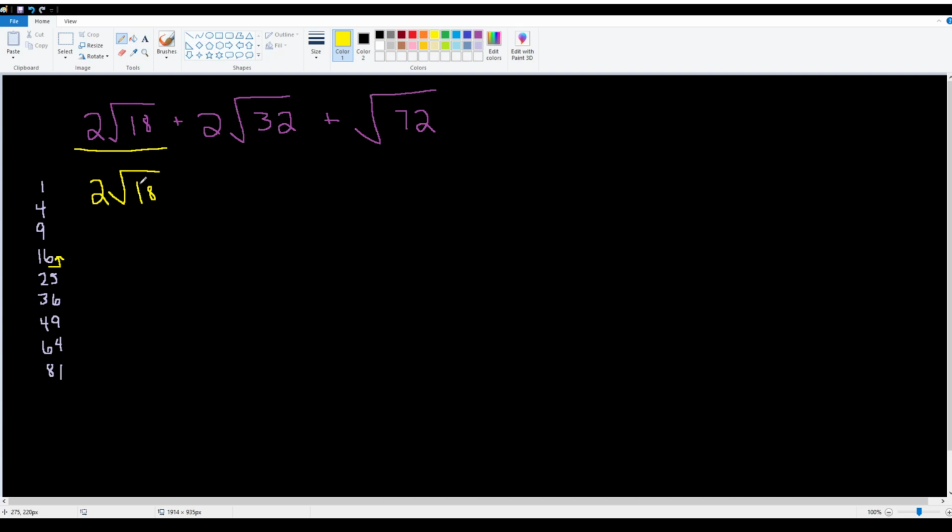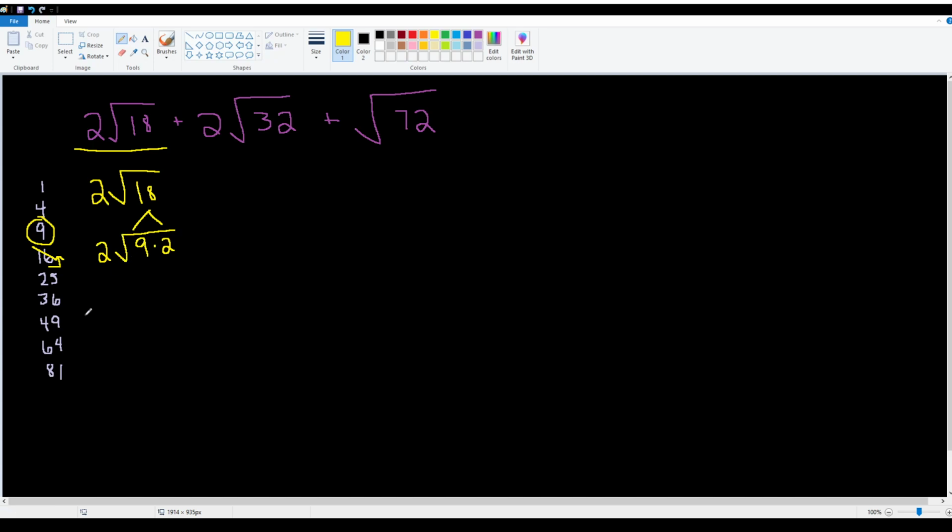Well, 16 divided by 18, 18 divided by 16, that doesn't work, but 9 does. That means that 18 can get split up into the square root of 9 times 2, because again, 9 times 2 is 18. Don't forget about this 2 that we have in front here.